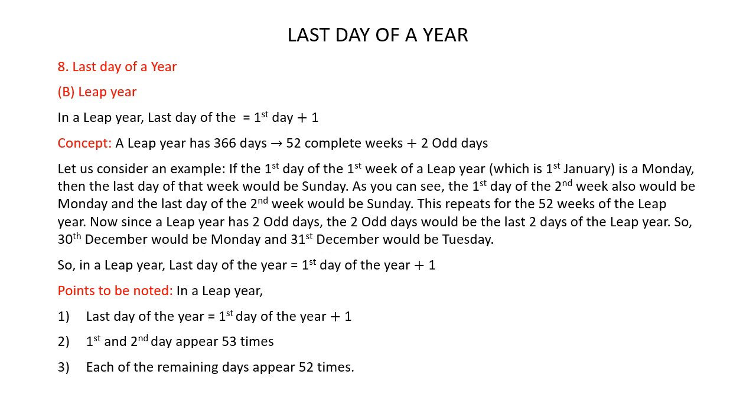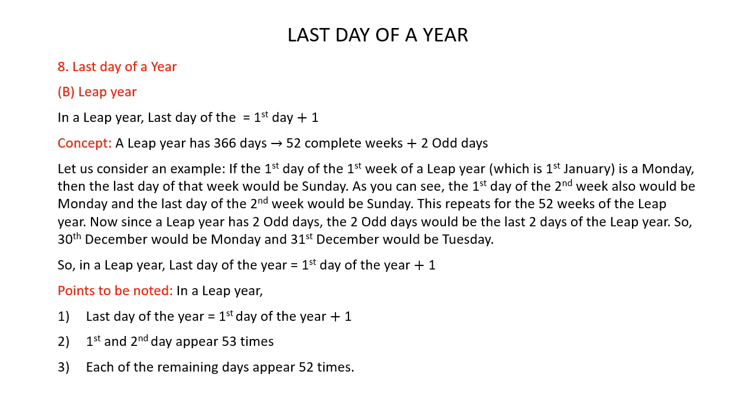Now, here we know that the last day of the 52nd week was Sunday. So, these last 2 days of the leap year clearly would be Monday and Tuesday. That is, 30th December would be Monday and 31st December would be Tuesday.